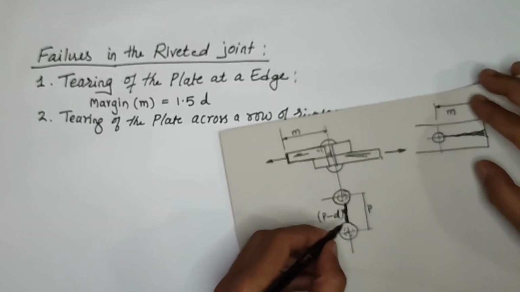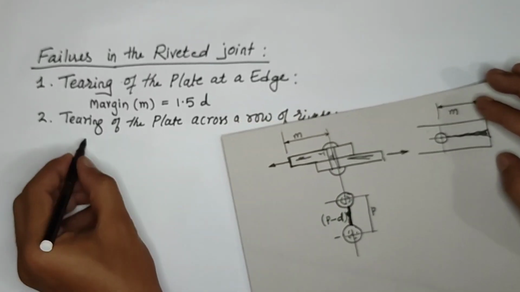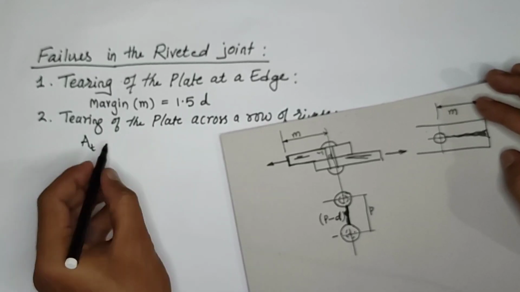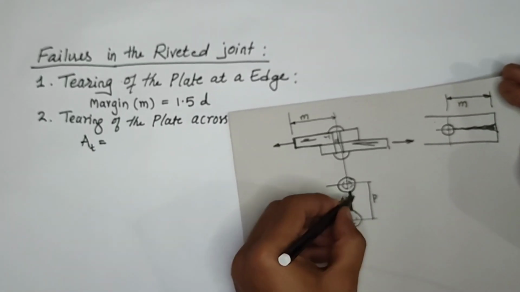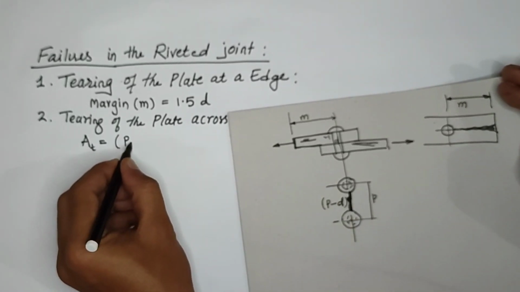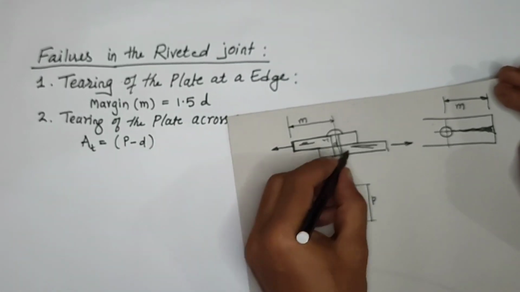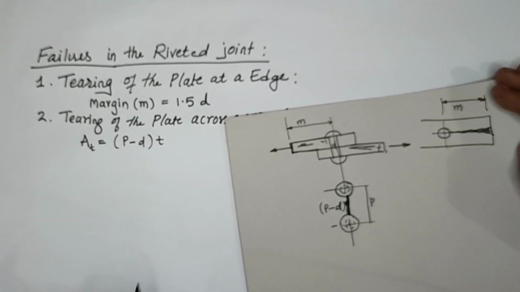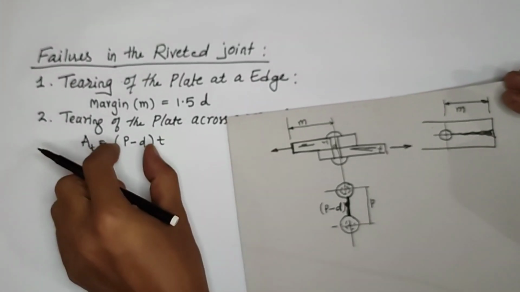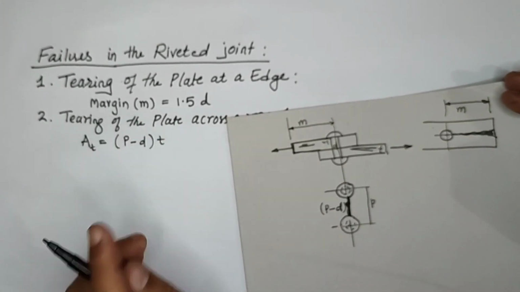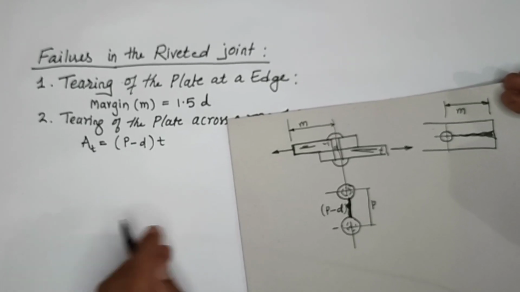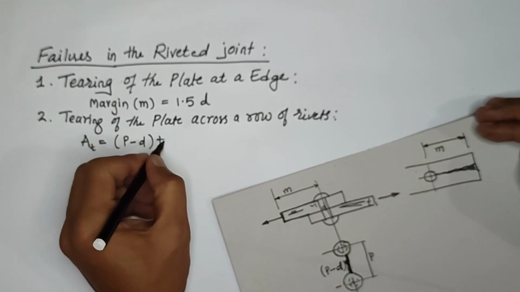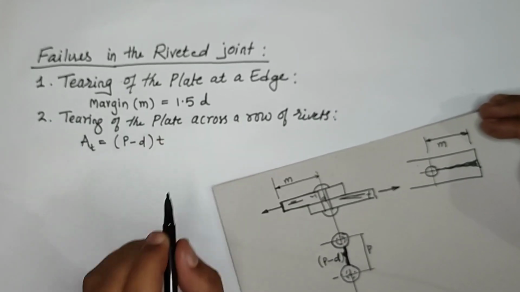So what is the area in that place? Let us say the area with suffix t, t for tearing, is p minus d, multiplied by the thickness of the plate, t. That becomes the area of the plate. Now, what is the tearing resistance of the plate per pitch length?